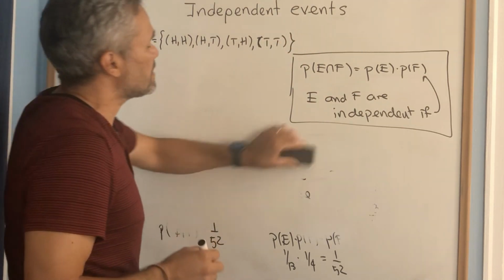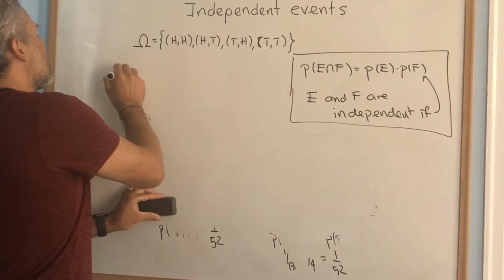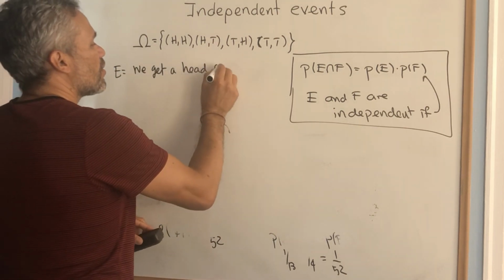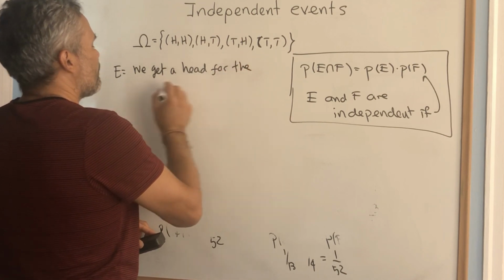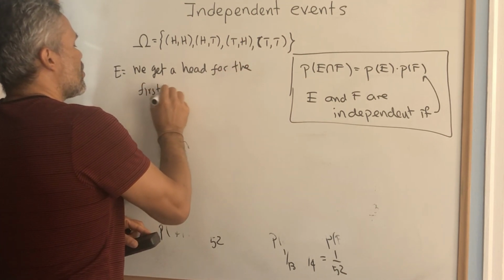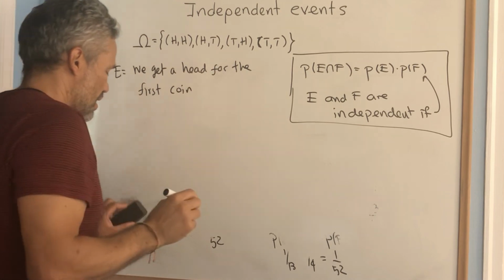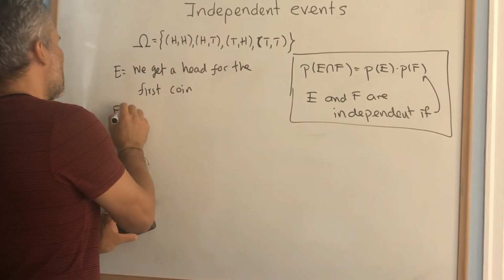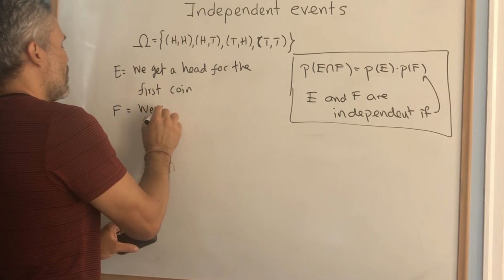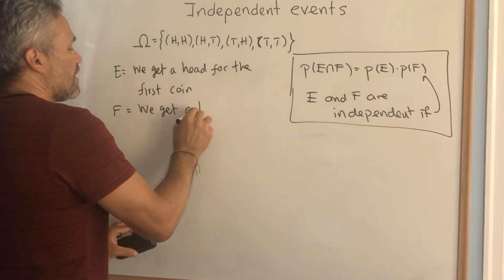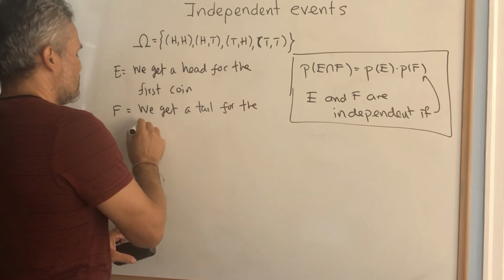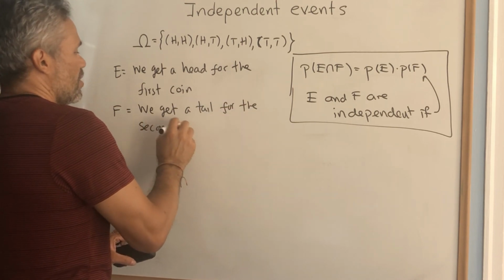Then for this experiment, let's consider E, the event that we get a head for the first coin. And let's suppose that F is the event that we get a tail for the second coin.